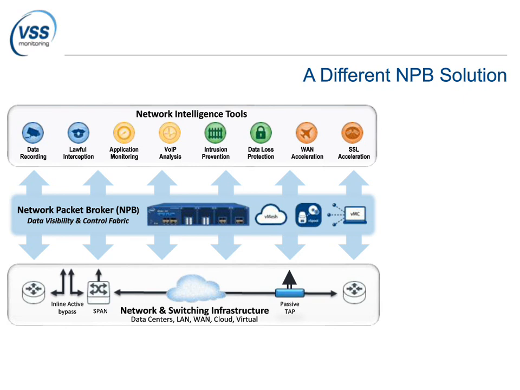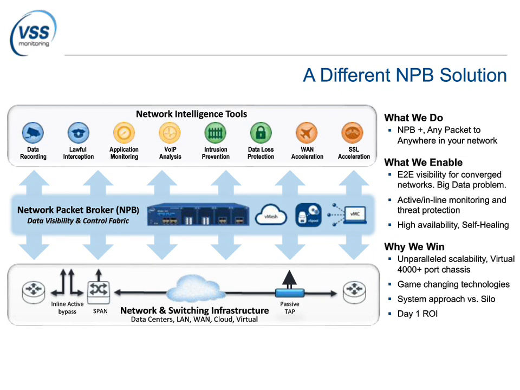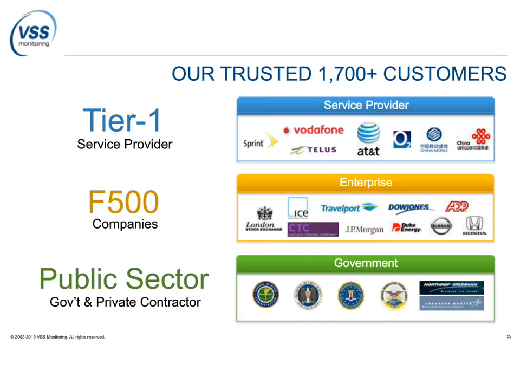Here we go. So within VSS right now, we have over 1,700 customers worldwide. We are based in Sunnyvale, California at this time, but I have offices throughout Asia Pacific and throughout Europe and Middle East. From a Tier 1 service provider standpoint, the people that we play with out there as our customers, AT&T, the Sprints, the Vodafones, China Mobile, within the Fortune side of the business, London Stock Exchange, Dow, Duke Energy, JP Morgan, ADP.